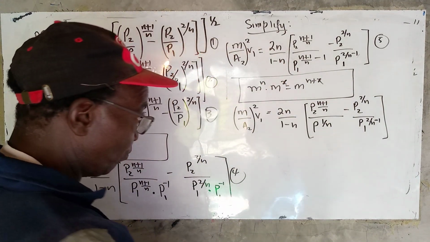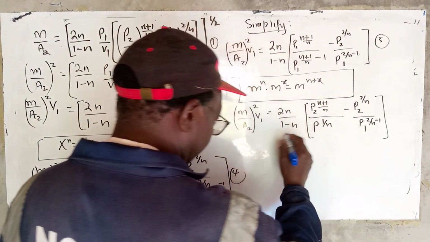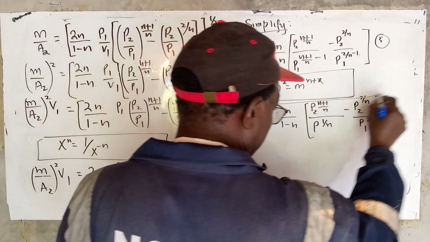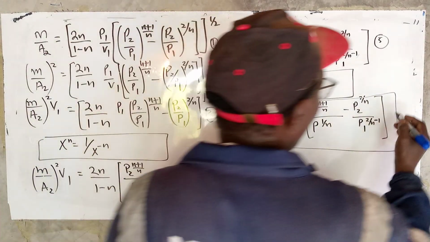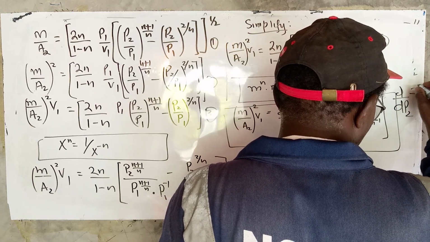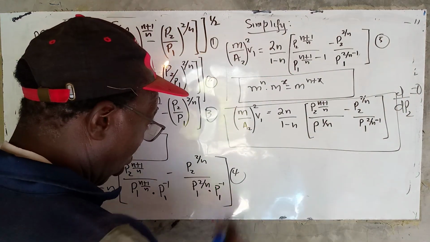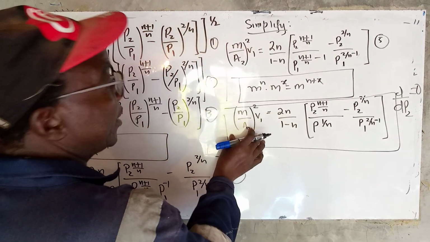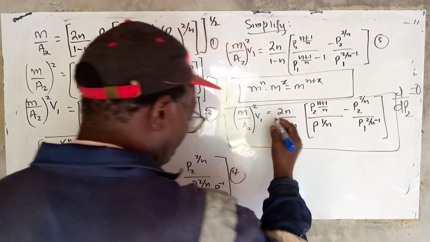Now, we want to take the derivative of this quantity here with respect to P2 and equate to 0. And so this side will be 0 because there is no P2.